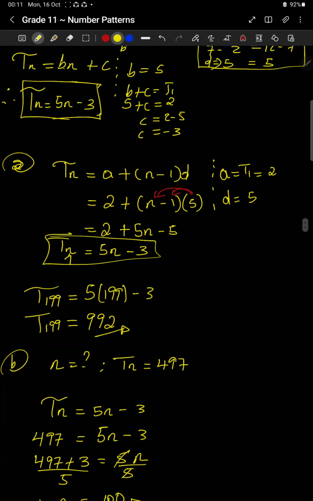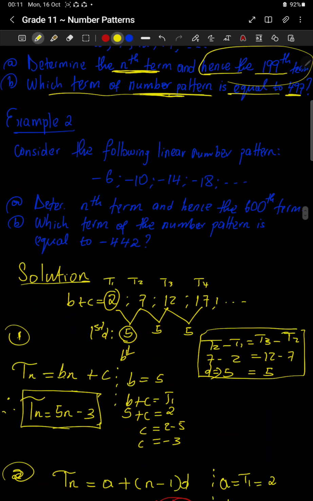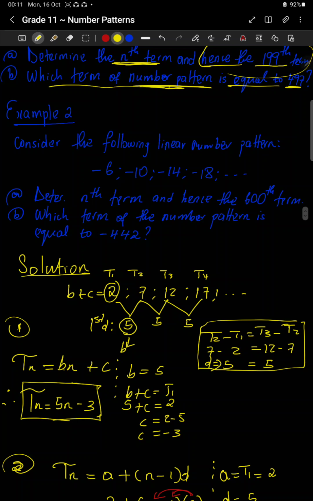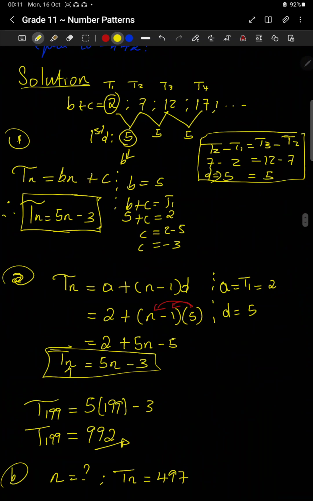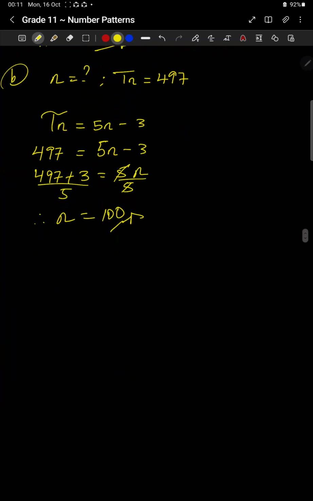Done with this one. Now let's look at example 2. In this example we are given -6, -10, -14, and let me just draw a line here. Example 2, solution.